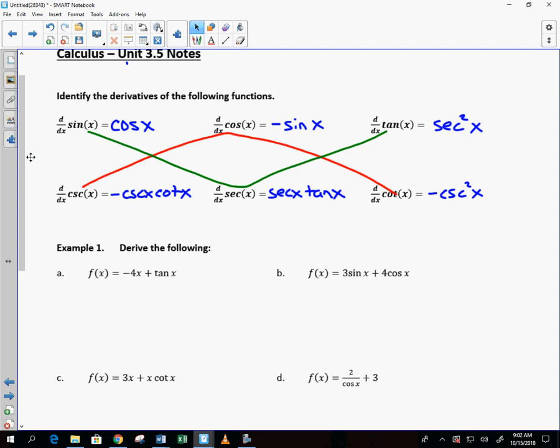Secant squared: if you go to cotangent, it's going to be negative, and instead of secant squared, it's cosecant squared. And secant tangent will be negative cosecant cotangent. So once you know these 3, you can figure out the others.